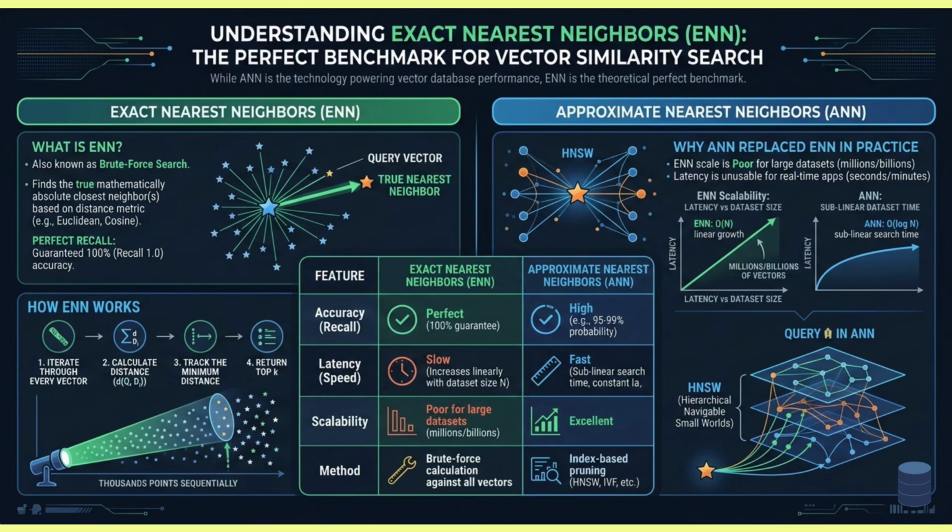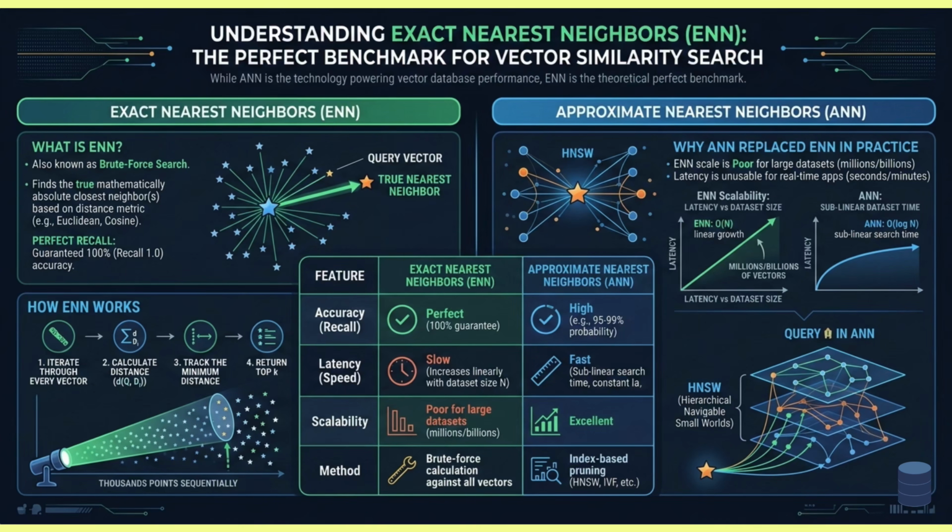An ENN search guarantees that the results returned are mathematically the absolute closest vectors based on the defined distance metric, like Euclidean or cosine distance, in the entire dataset. By definition, ENN achieves a recall of 100%, meaning it never misses the closest neighbor.